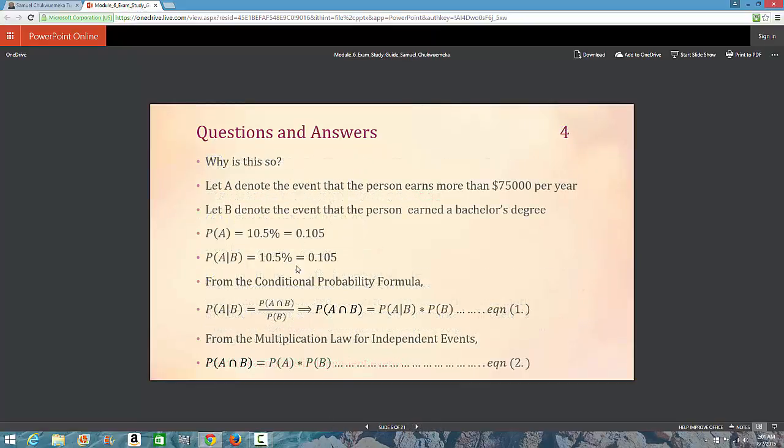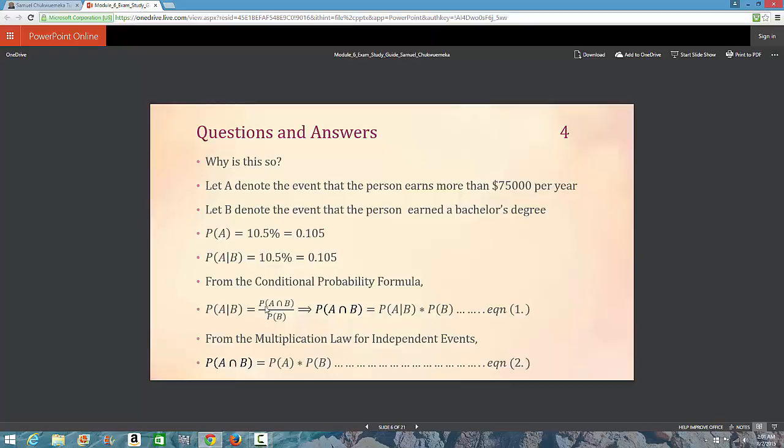I have just talked about this. Denote the events A and B. If we look at the conditional probability formula, the probability of A given B is the probability of A and B divided by the probability of B. B was the one given.